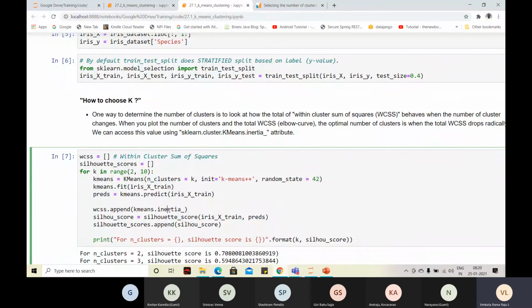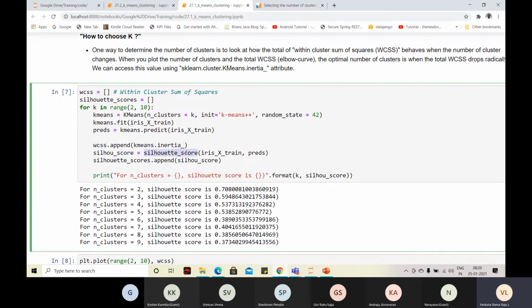And then I'm appending that inertia_, which is nothing but WCSS, and I also calculate the Silhouette score. To calculate the Silhouette score, I'm passing X and the predicted values. The cluster assignments I am passing, because while calculating the Silhouette score, it needs to know which row belongs to which cluster.